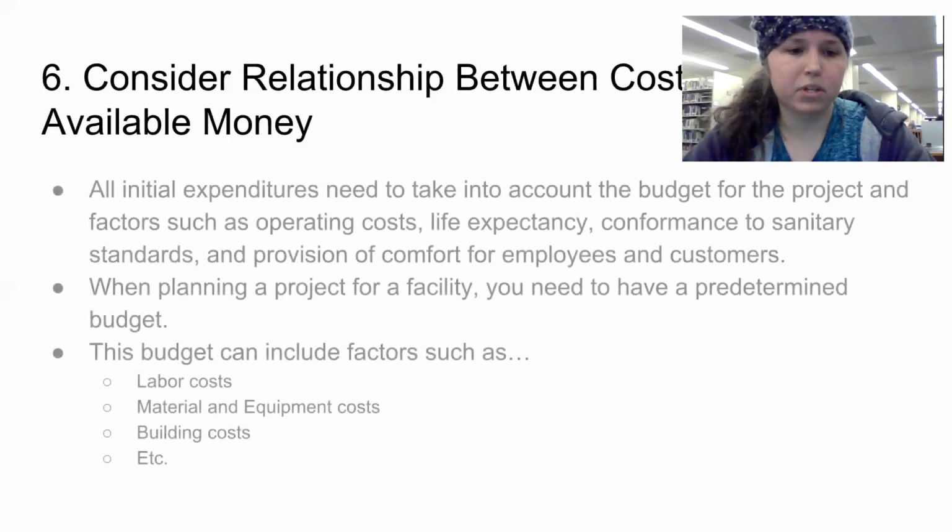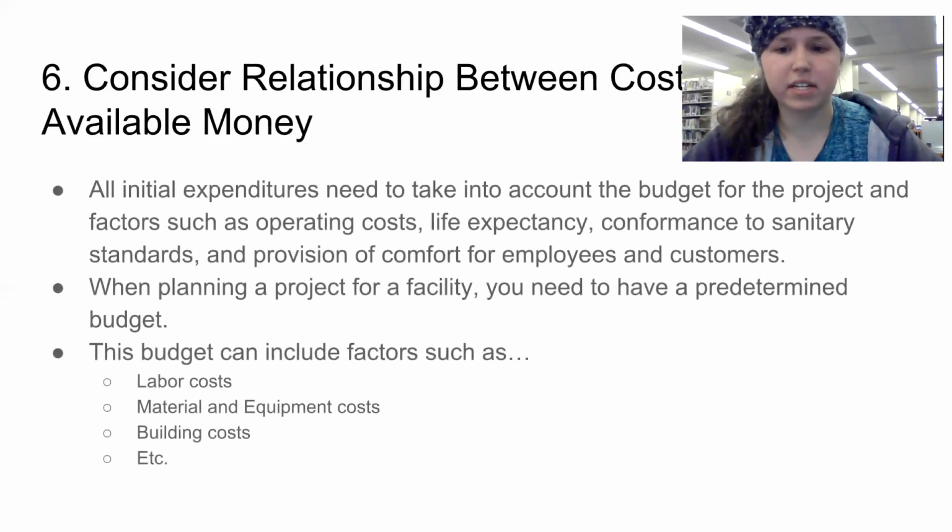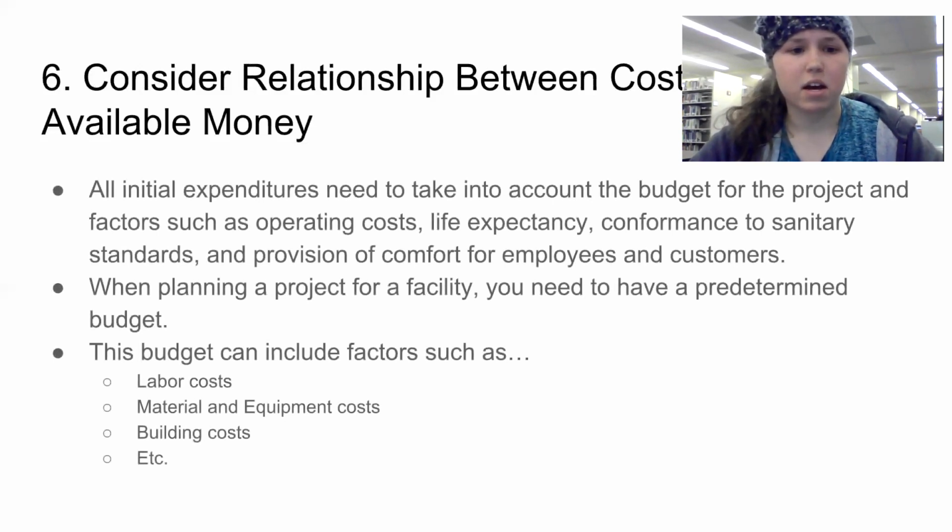Finally, after you do all that, you're going to consider the relationship between the cost of your project and the available money that you have. Everything needs to be taken into account for the project, including factors such as operating costs and life expectancy.